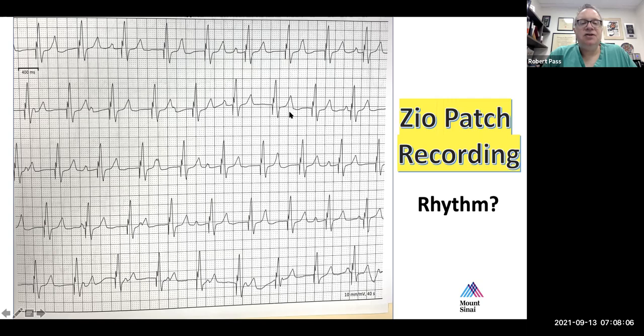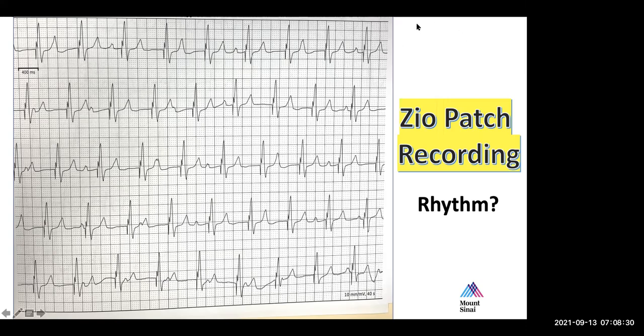So there's complete dissociation. And it appears to me almost like the R to R interval is shorter than the P to P interval, right? So when you have a dissociation between the A's and the V's, and you have more V's than A's, there's really only two possibilities for a diagnosis here. Do you know what those might be?